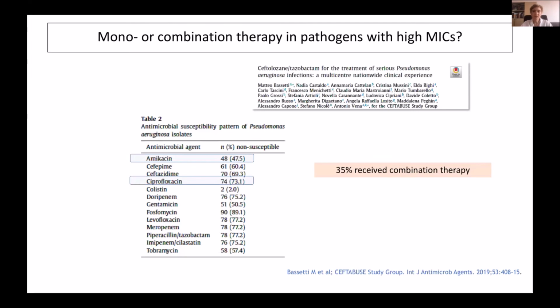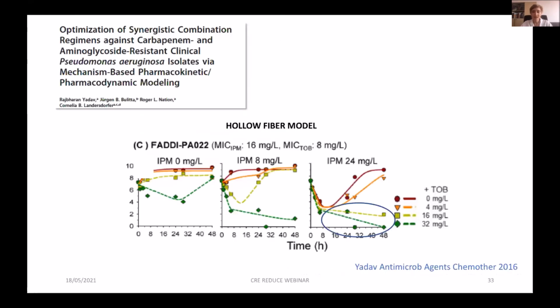To optimize the combination therapy in these strains, a very sophisticated approach uses a hollow fiber model that consists of a PK system that mimics human plasma concentration profiles and can evaluate the efficacy of this combination therapy.